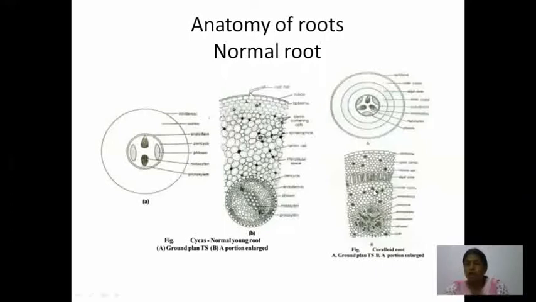Coralloid roots are negatively geotropic and look just above the ground, while the normal young roots are tap roots and they grow towards gravity.